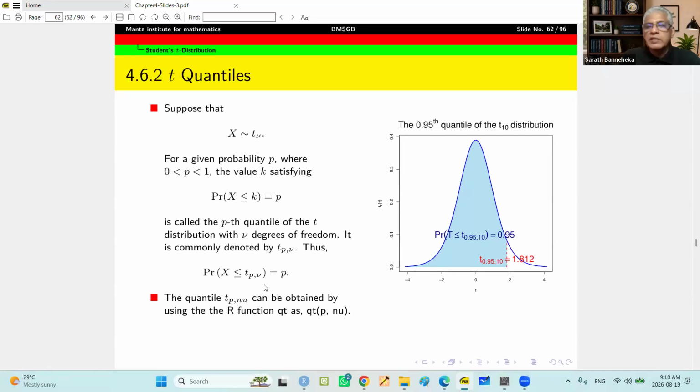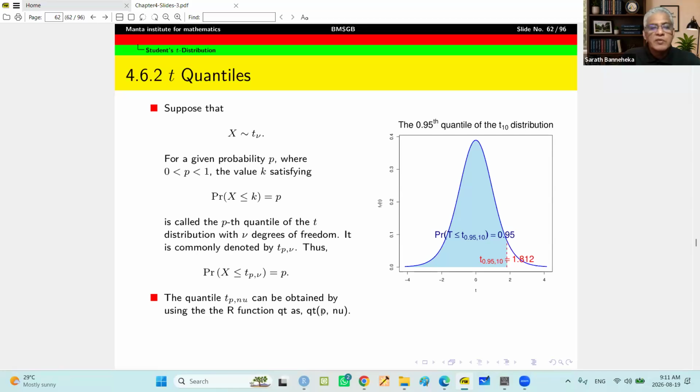Now, mathematically, for a given P and a given nu, we can find this value, for example, using R. R has the command Qt for this, right? So the quantile with probability P and degrees of freedom nu can be obtained using the function Qt, applied like this: Qt within brackets.